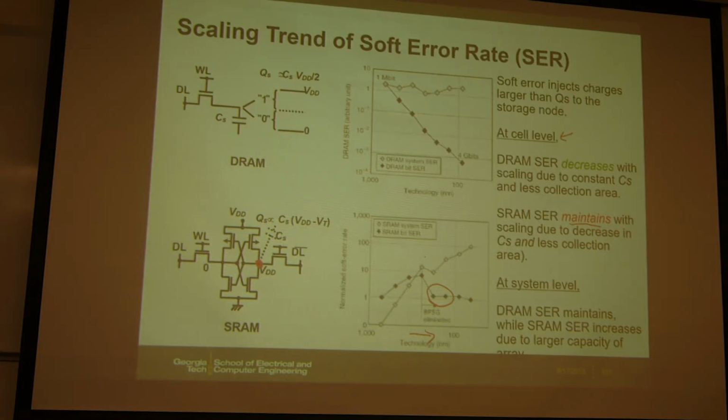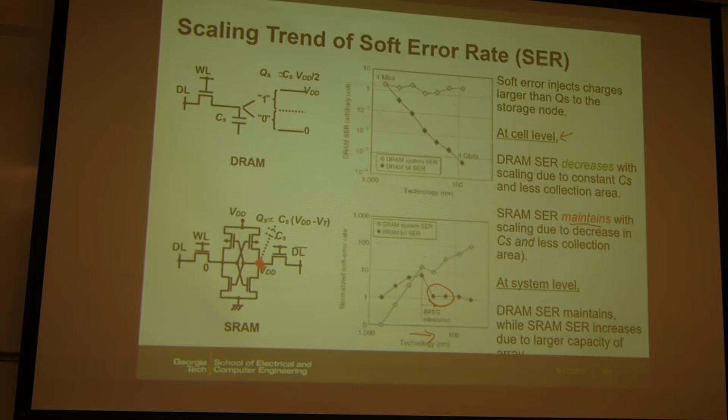But on the other hand, as you scale the technology, let's say this PN junction area also shrinks. The junction area is the collection area for the ion strike, right? So only when the ion strikes your PN junction may we create this electron-hole pair.